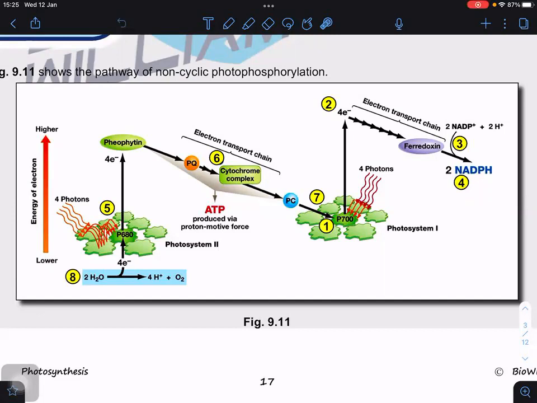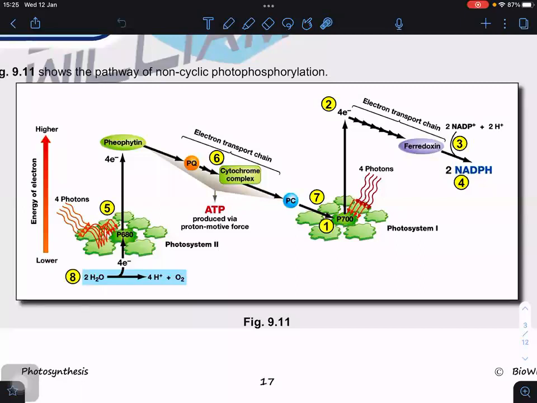When the primary pigment of the photosystem receives the light energy, the electron is photo-excited. Photo-excitation of the electron takes place, so this electron has high energy. This high-energy electron passes through a series of electron carriers and is finally received by photosystem 1.